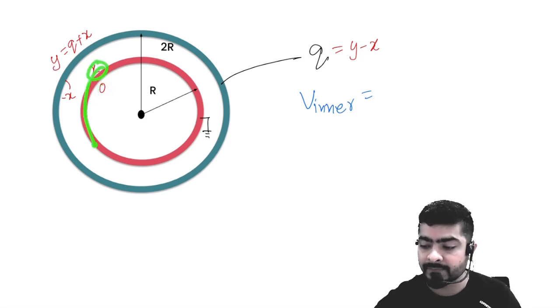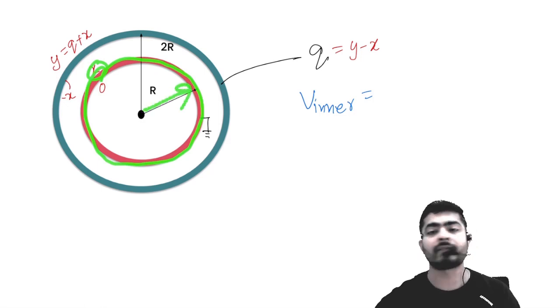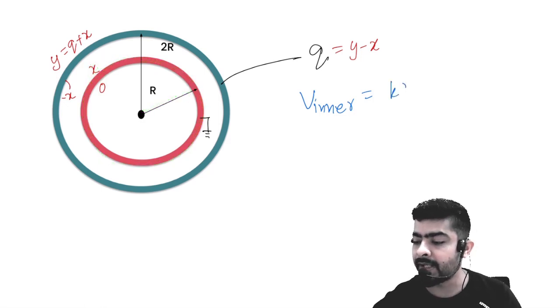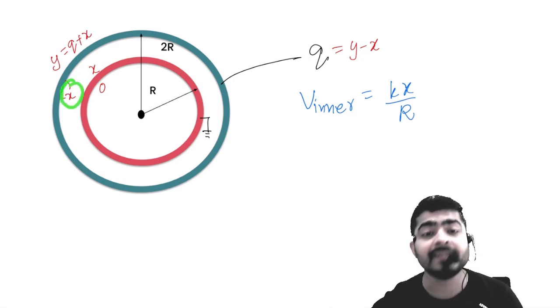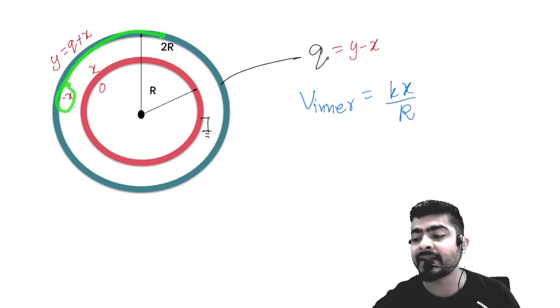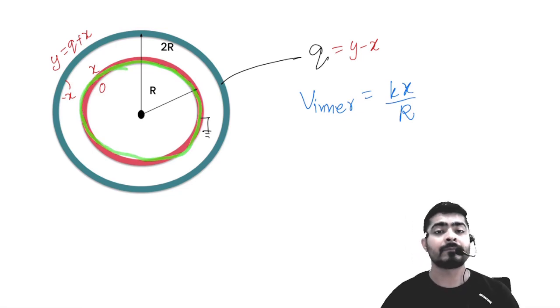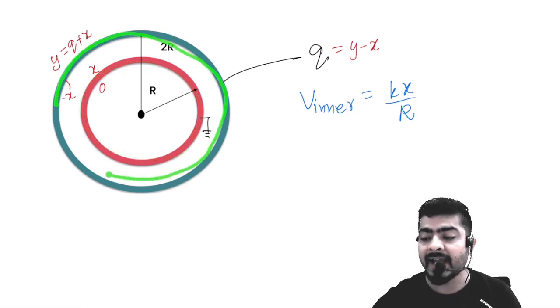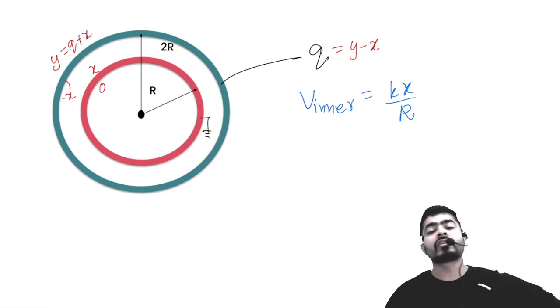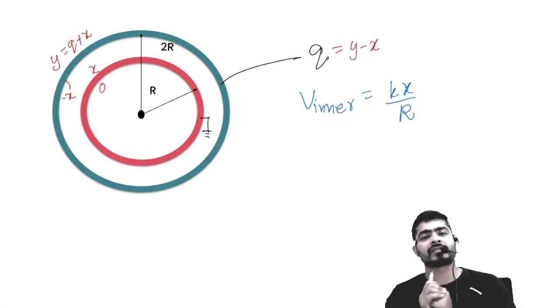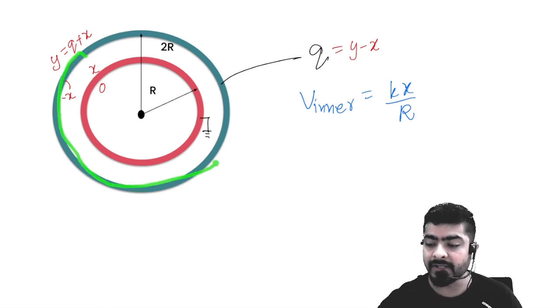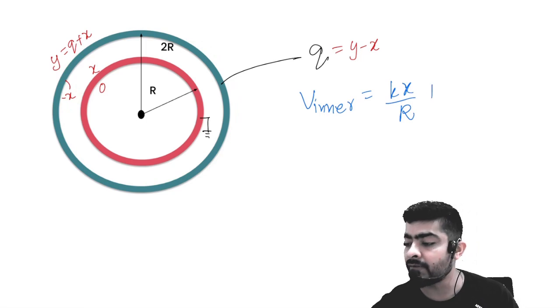Due to X, potential at distance R will be KX by R. Due to minus X is at distance 2R, but I have to find the potential at distance R. That is, I have to find the potential inside this shell. According to shell theorem, inside the shell, electric field is 0, potential becomes constant. So inside the shell, due to this charge, potential will be K minus X by 2R.